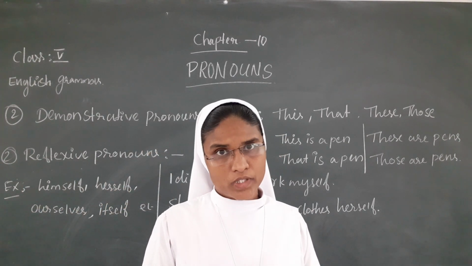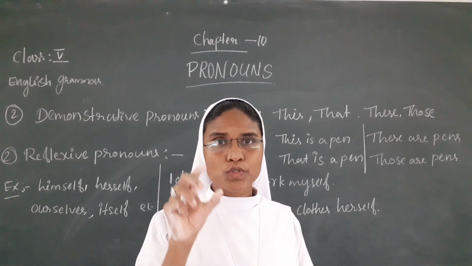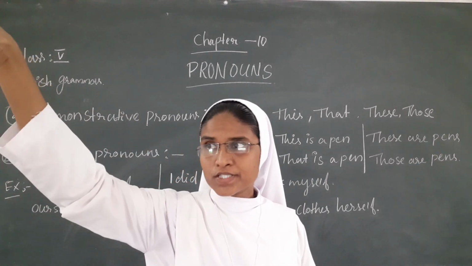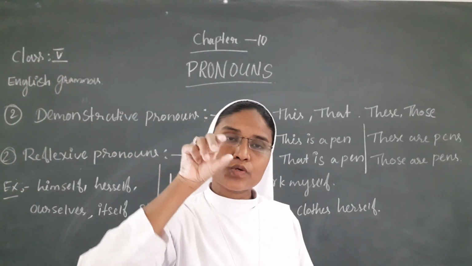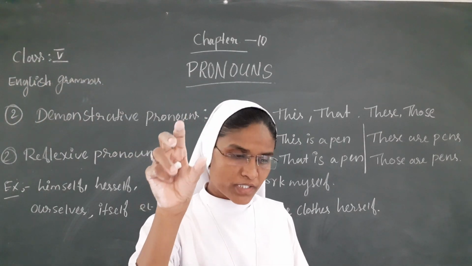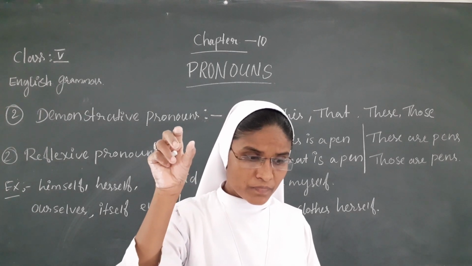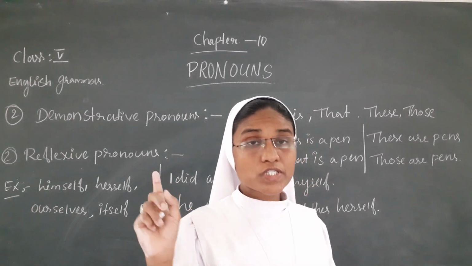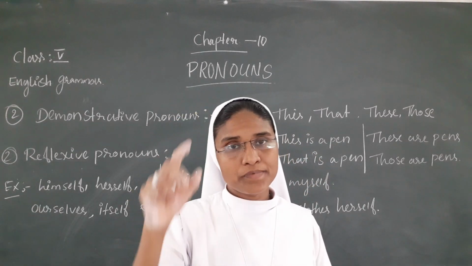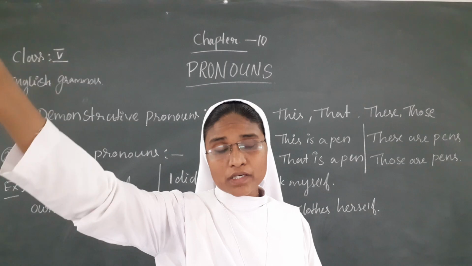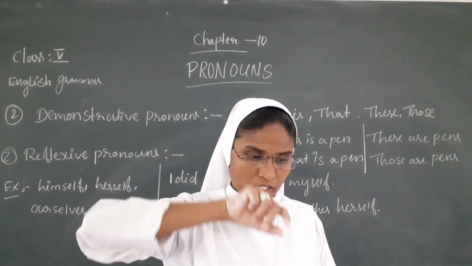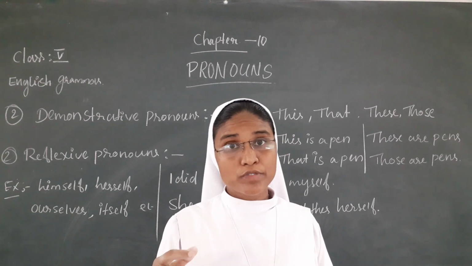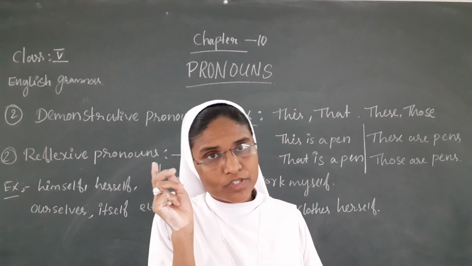We show things by pointing them out, near or far. So once again, words which are used to point out objects near or far, in singular or plural form, are called the demonstrative pronouns.